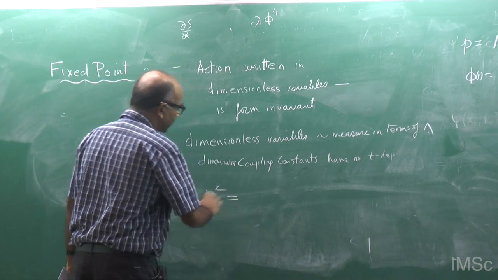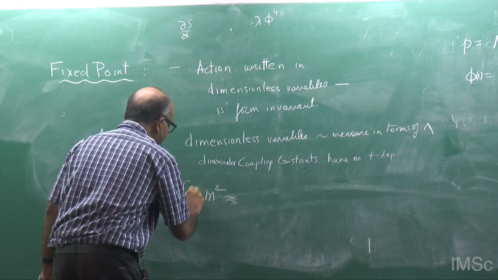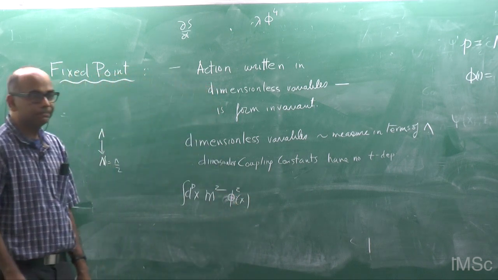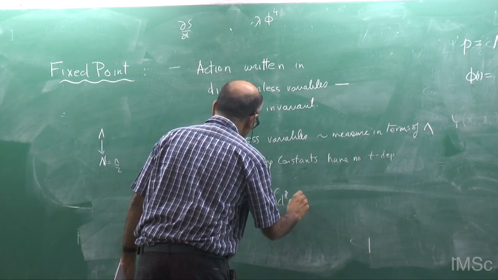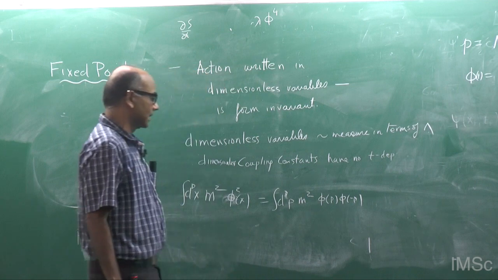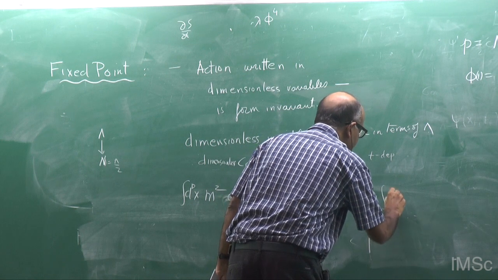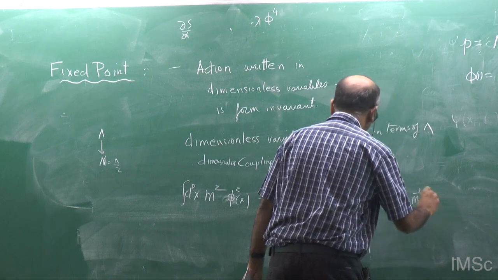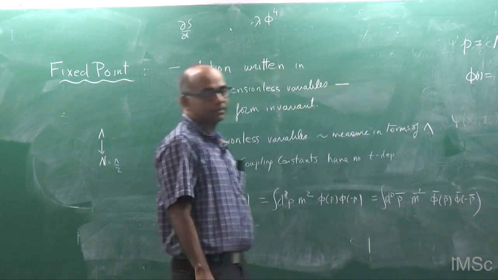Once you write everything in dimensionless terms, your action will be, say, the integral d^d x m squared phi squared, or if you want it in momentum space, the integral d^d p, and you make all these transformations and you write this as the integral d^d p bar times m bar squared phi bar of p bar phi bar of minus p bar.